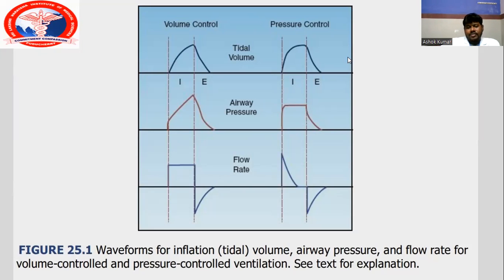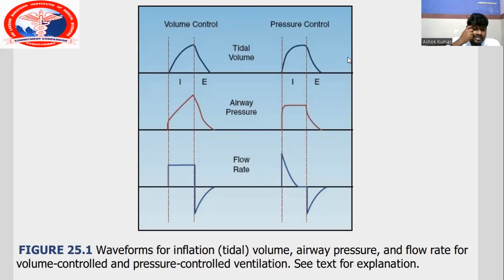In volume control ventilation there will be a peak inspiratory pressure and a plateau pressure. In pressure control ventilation there is only peak inspiratory pressure, with no plateau pressure; otherwise peak inspiratory pressure and plateau pressure are both equal in pressure control ventilation. In volume control ventilation, there is a peak inspiratory pressure as well as a plateau pressure.